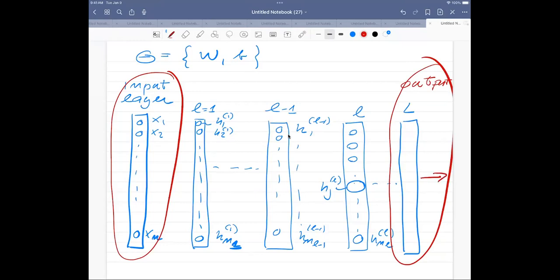And this output can be just one number. If you want to classify handwritten numbers from 0 to 9, you would have 10 outputs, each one representing the probability for number 1, 2, 3, 4, 5, 6, 7, 8, 9, 0, right? So depending on the type of problem you have, you can have just one output, or you can have many outputs.